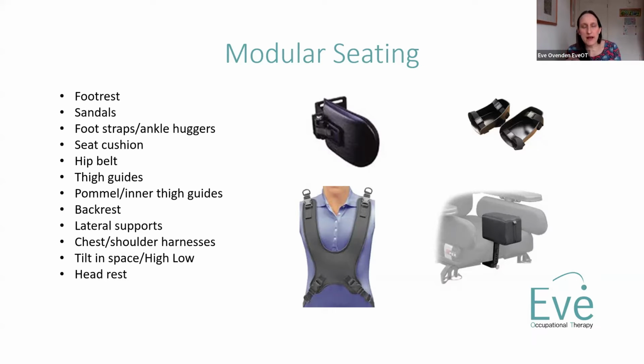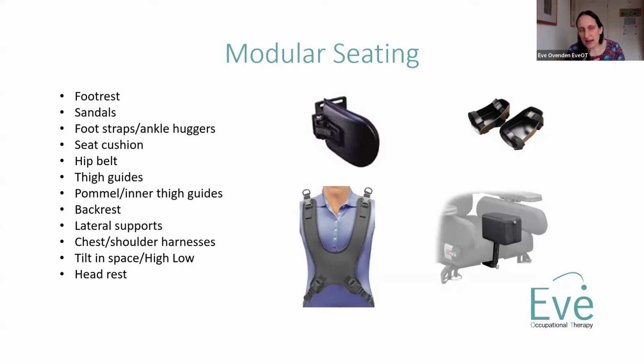Lateral supports support under the arms and support the trunk, and you can have ones that wrap round and fasten at the front, or ones that are flat. There are big teardrop-shaped ones, all kinds of different ones, and you can position them symmetrically, or if the child's not symmetric, then we can offset them a little bit to control that spinal curvature.